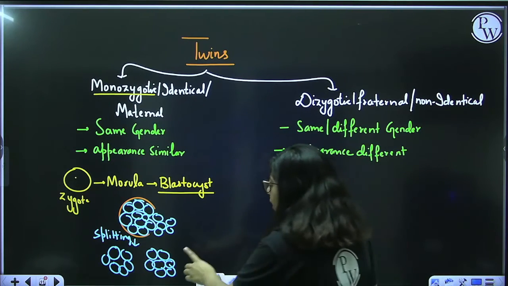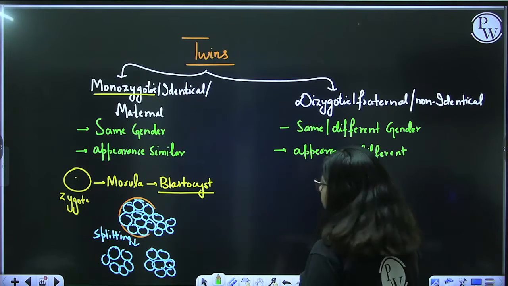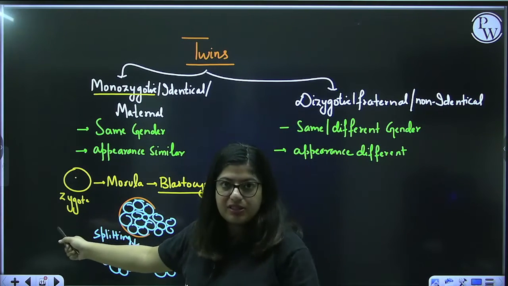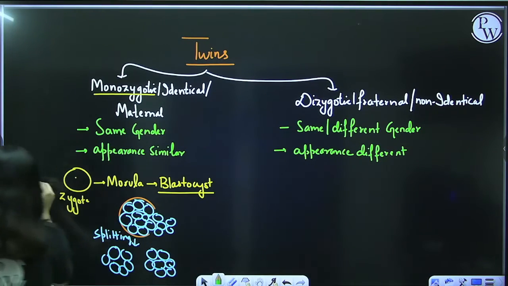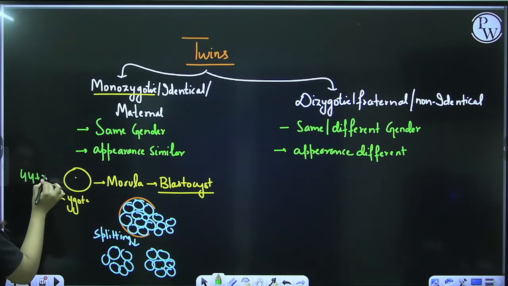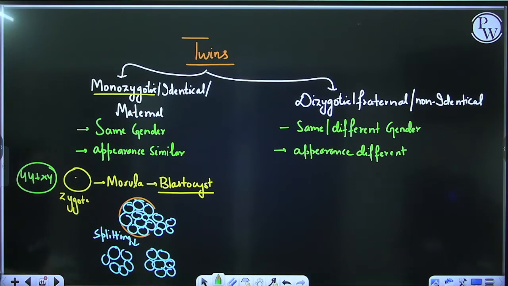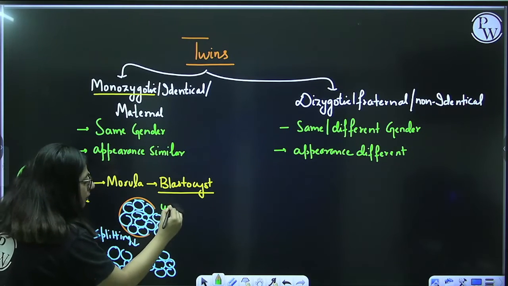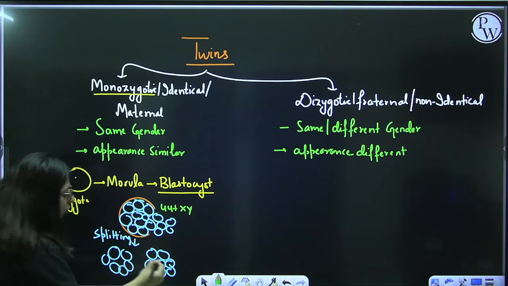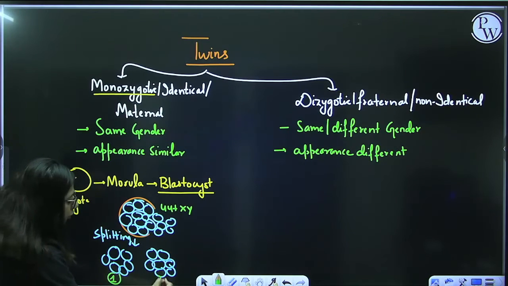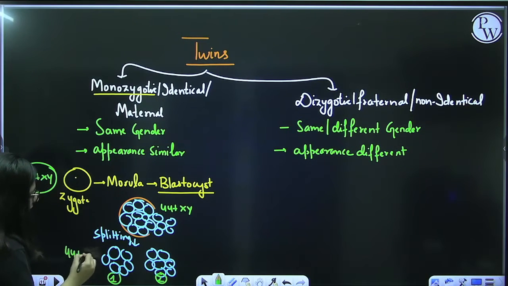So these two embryos will be of the same gender. Imagine the zygote was 44 plus XY, it was going to be a boy, and here all the embryos will also contain the information 44 plus XY. So both embryo 1 and embryo 2 will also be 44 plus XY.